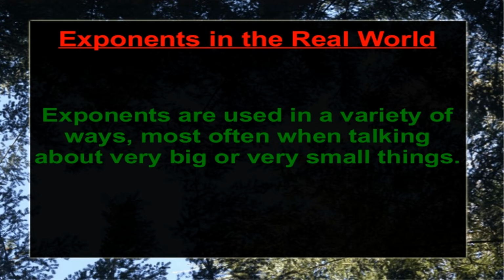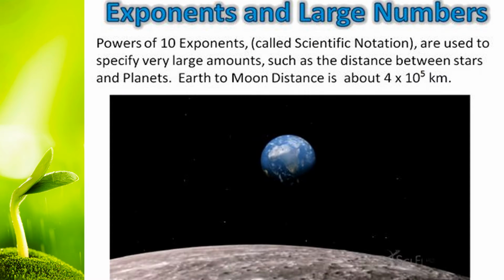Let's see exponents in the real world. Exponents are used in a variety of ways, most often when talking about very big or very small things. Let's see one example for exponent from our daily life.